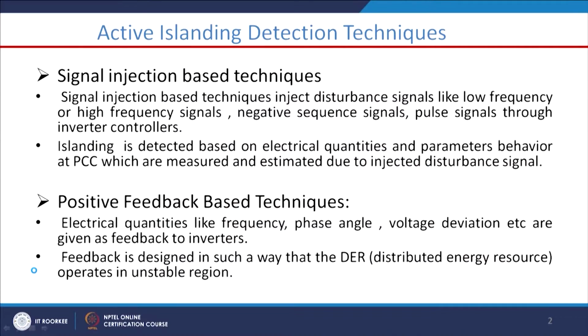Coming to the active island detection technique, the first type is the signal injection based technique. In this technique, we inject disturbance signals with low frequency or sometimes high frequency, or sometimes negative sequence signals or pulse signals, through the inverter controllers.